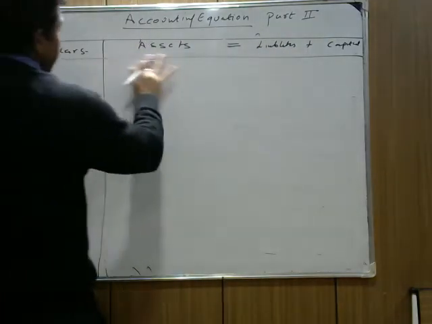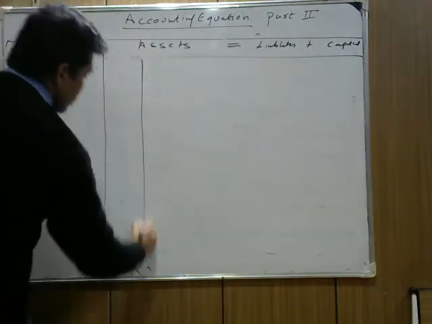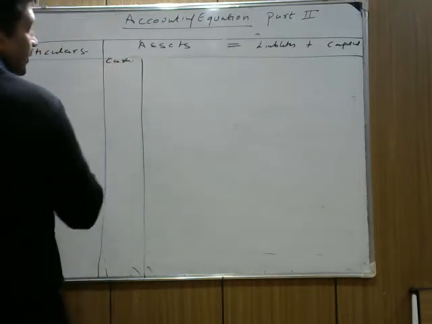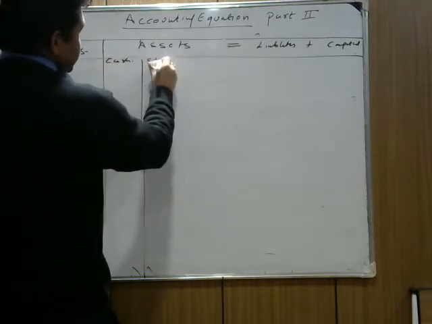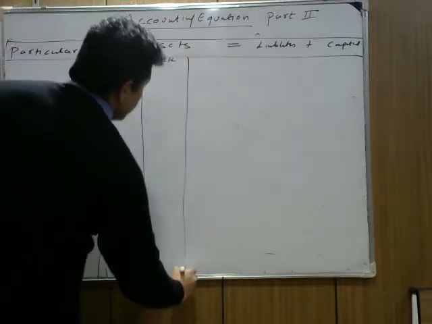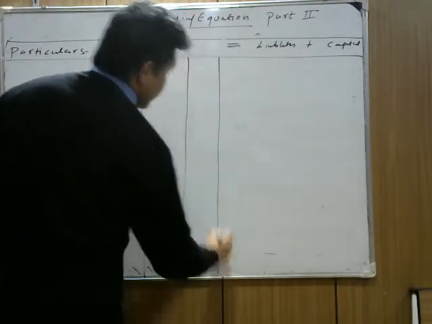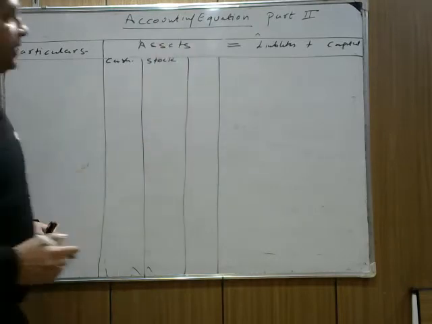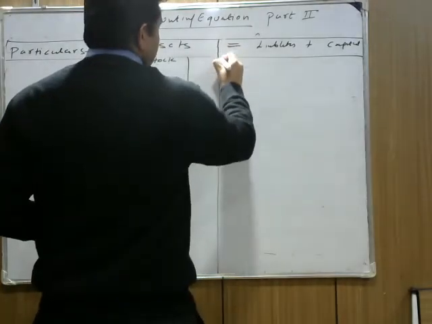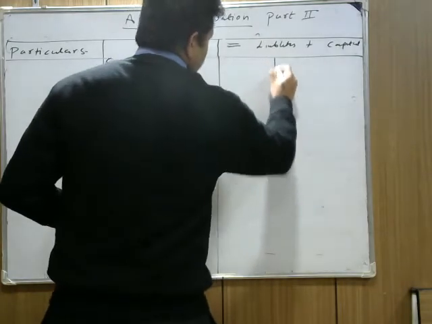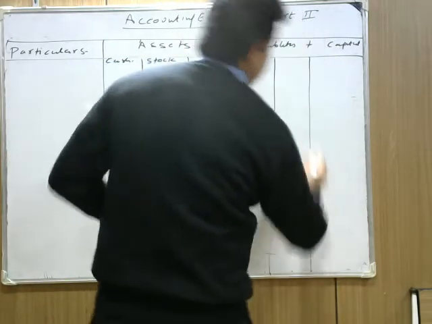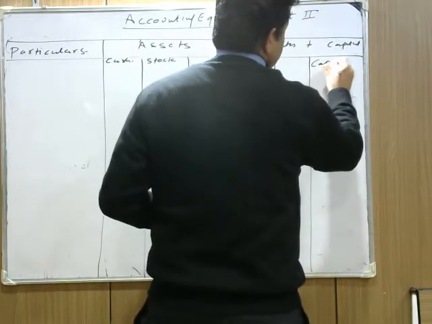Now check how many assets are given to us. The most common is cash. Then we have stock also. We leave one more column blank so that if any other transaction exists regarding assets, we can put it there. Then we make a column for liabilities, and leave one column blank so that if any transaction comes we can write it.